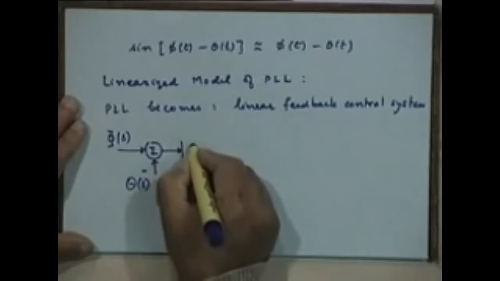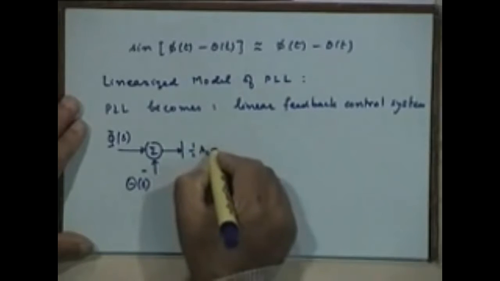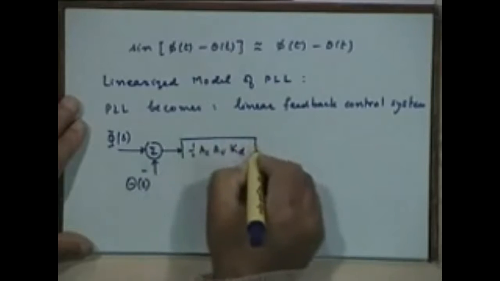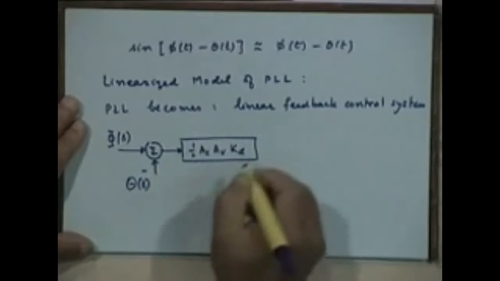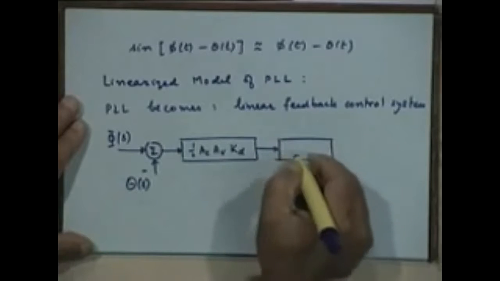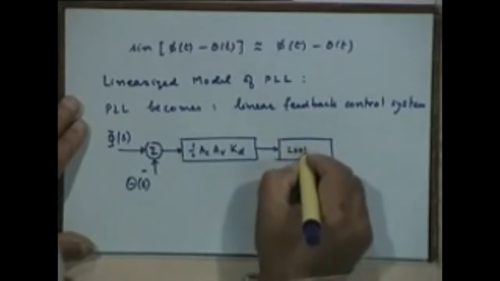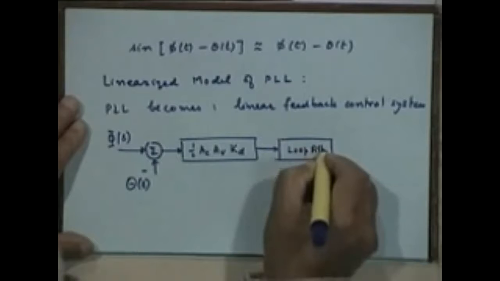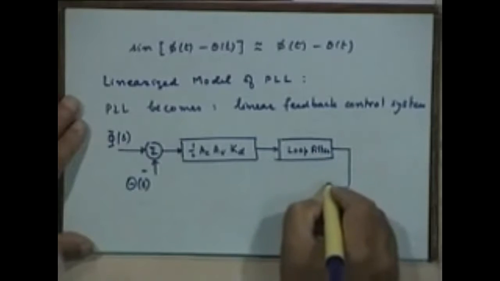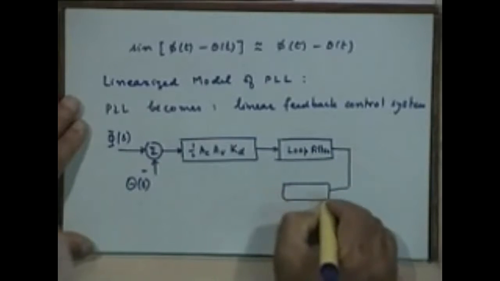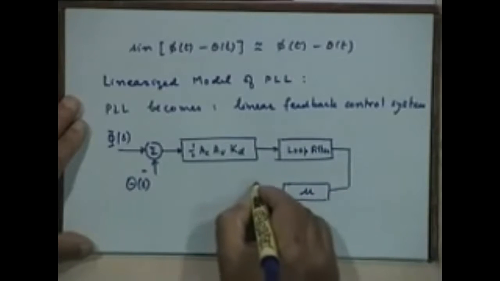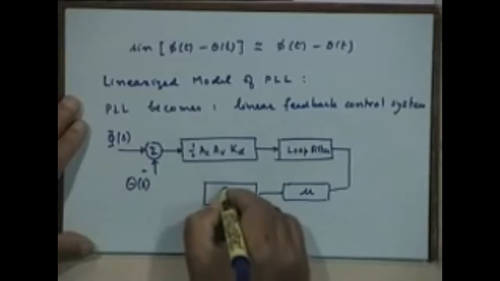You only have the next stage, which is again half A_c A_v into k_d, followed by the loop filter, followed by the amplifier, let me simply call it gain mu, followed by the integrator.